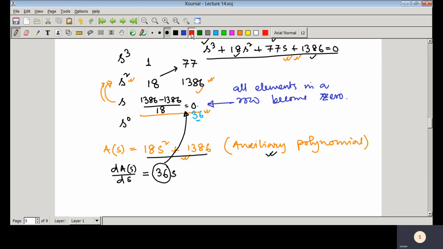So if you continue that Routh table, then what happens? This 36 into 1386, then here you have that 0. So 0 into 18, that is 0, divided by 36 means here you have 1386.